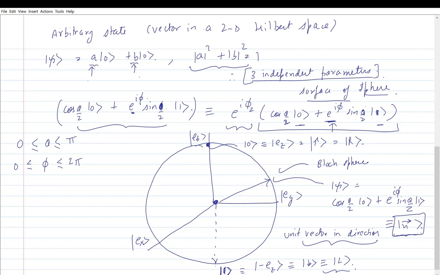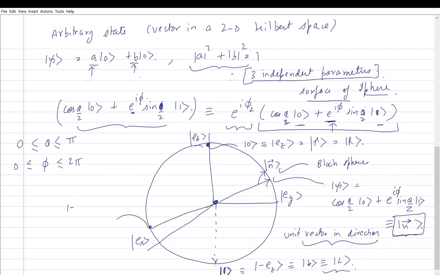So in general, let me label this state over here as n, and this guy is going to be diametrically opposite to it.